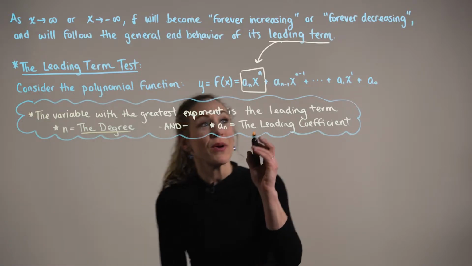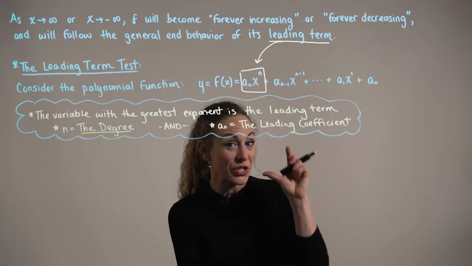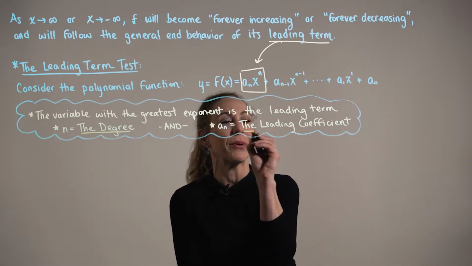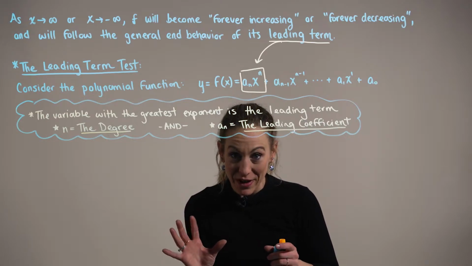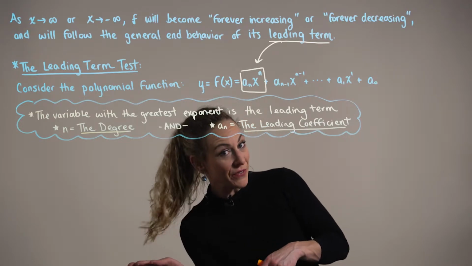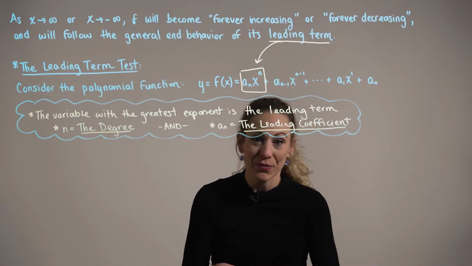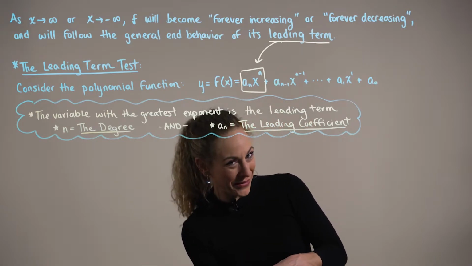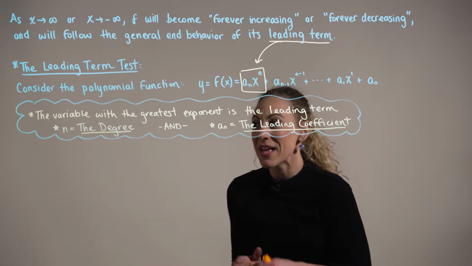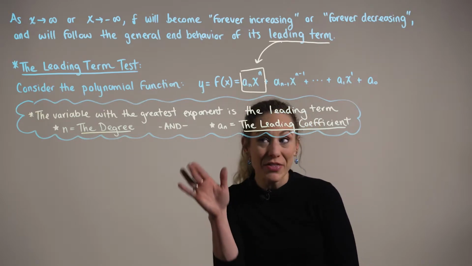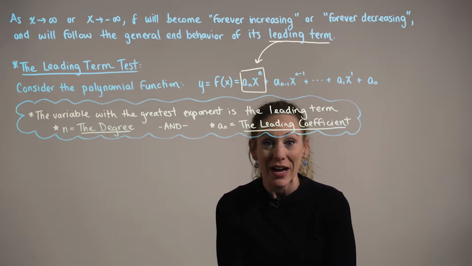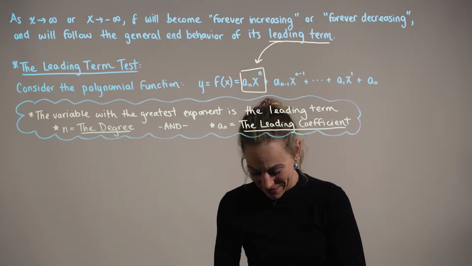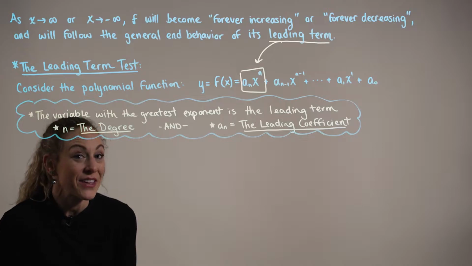And we also want to make note of that leading coefficient, so the constant attached to the variable of highest degree. Now, we can classify polynomial functions into even functions and odd functions, or even degree polynomials and odd degree polynomials. And then the value of that leading coefficient is going to determine how the ends of the graph will behave. So let's start by considering even polynomials.